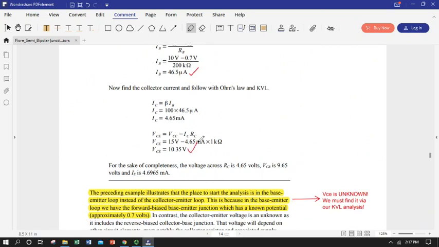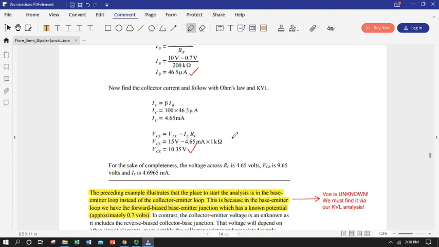So that's the real easy way that we can use our Ebers-Moll model of a bipolar junction transistor. Kirchhoff's voltage law applied first to the base, where we know our voltage drop going through the transistor is just that base emitter junction, and then applying it to the collector to emitter path, and Kirchhoff's current law, making sure that our current going in or out of the base adds up to currents going in and out of the collector.